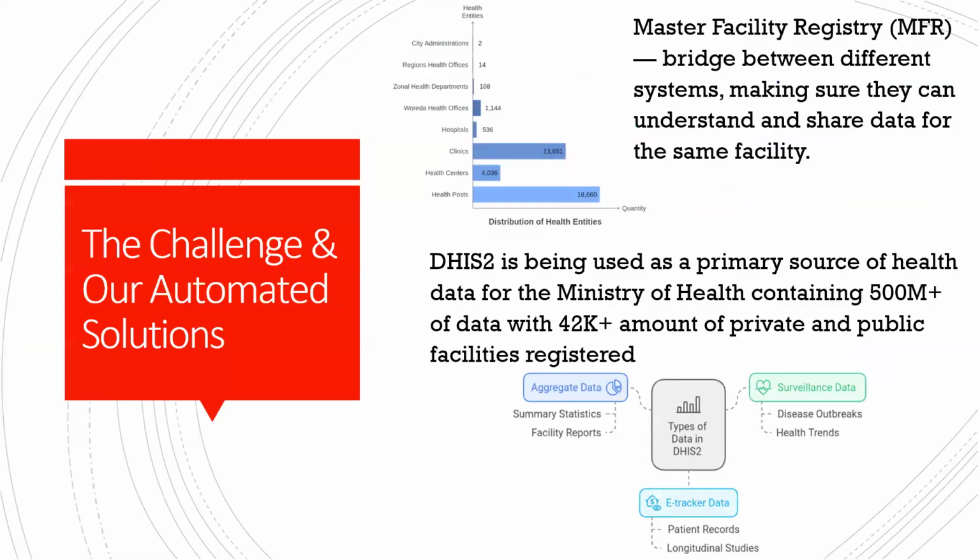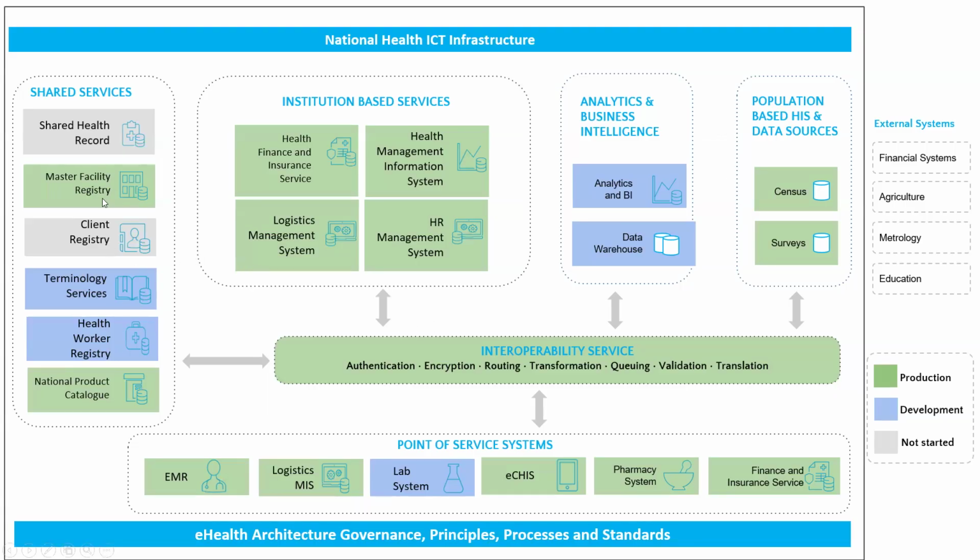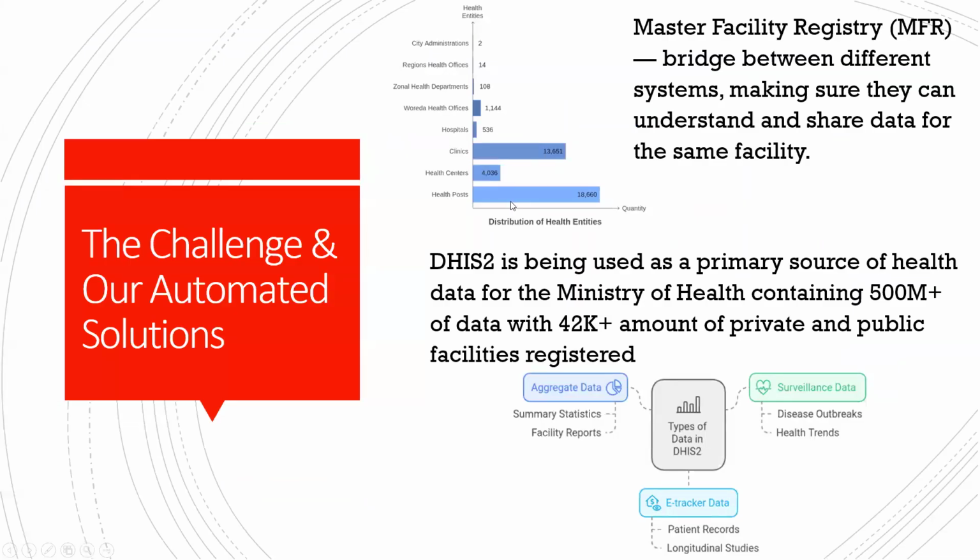One of the big challenges, as I have already said, is in the shared services. We have the MFR, Master Facility Registry, and the institution-based system, the Health Management Information System. Those two systems are siloed. They have their own data, their own legacy data.